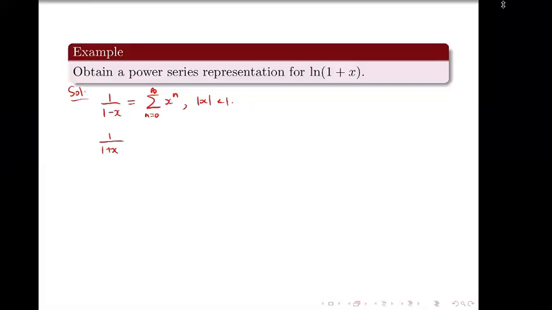So let me write here, solution. 1 over 1 plus x, we can write that as 1 over 1 minus negative x. So this can be written as the sum of negative x to the power n from 0 to plus infinity, or you have the sum n from 0 to plus infinity of negative 1 to the n, x to the n, provided that absolute value of x is less than 1.